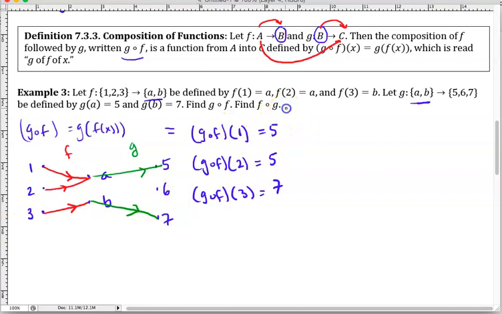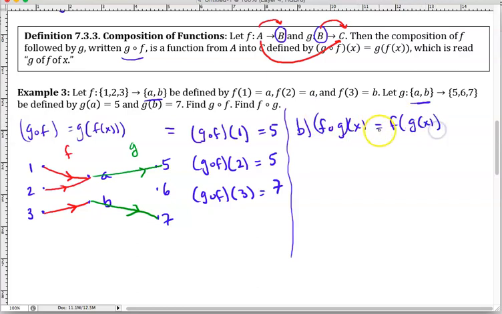Okay, now let's look at part B. Part B says find f of g of x. Right? So f of g of x. Okay, so my inputs for the g function, the domain, are a and b, and my outputs are 5, 6, 7.